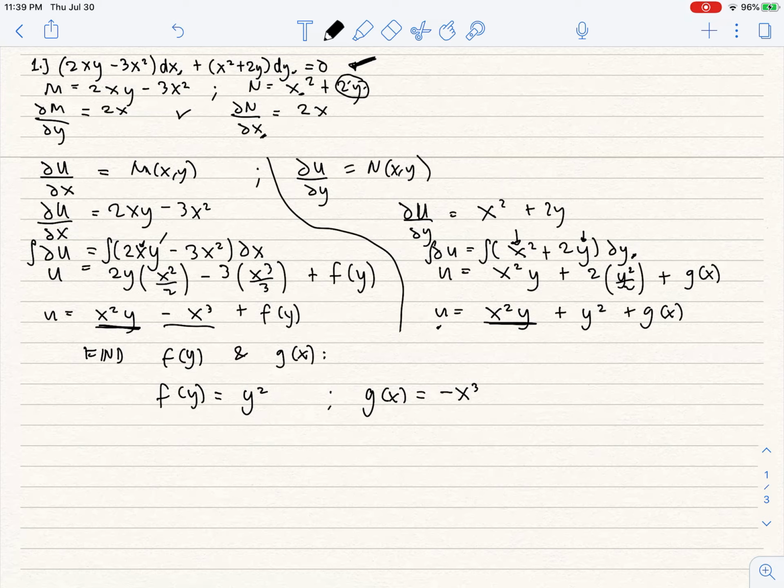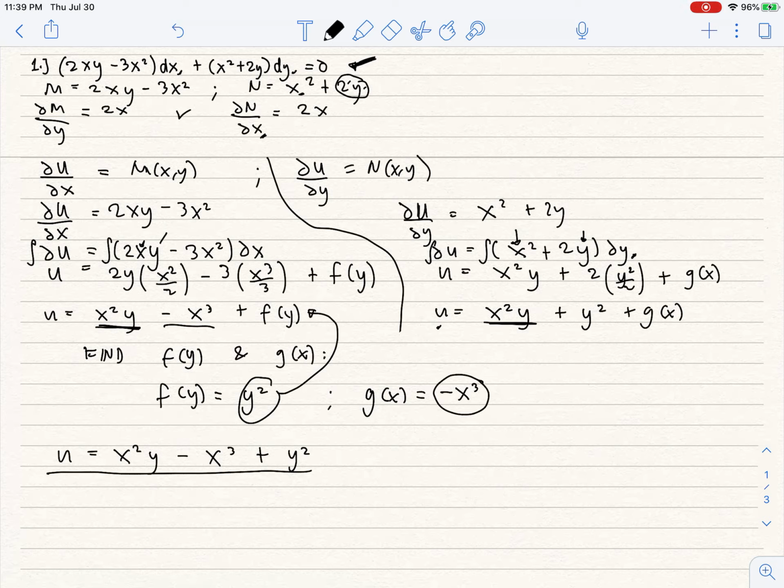Okay, so for example, kanito ang gipili niya, to ang gi-insert diri. So ang value na sa u is just x squared y minus x cubed plus f of y is y squared. So mo na ni ang value sa u, di ba? Then if say for example we chose this, or we chose g of x, so insert lang ni na value.